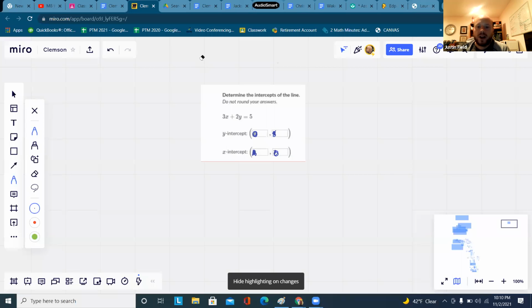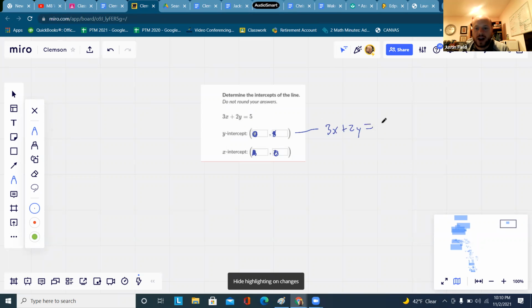Okay, so what we're going to do to find the y-intercept is we're going to write 3x plus 2y equals 5. But now I'm going to substitute 0 in for x. So 3 times 0 plus 2y, and then that goes away and we get 2y equals 5 and divide both sides. y equals 5 over 2, right?